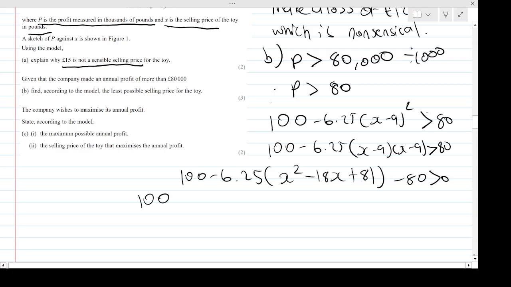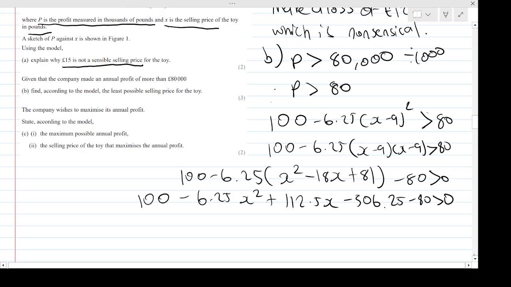So now we can tidy this up. So we're going to have 100 minus 6.25 x squared. So I'm going to expand the bracket. Plus, well, it's going to be 18 times 6.25, so we're going to get 112.5x. Then I'm going to do 81 times minus 6.25. So I get minus 506.25. Take away 80 is greater than 0.